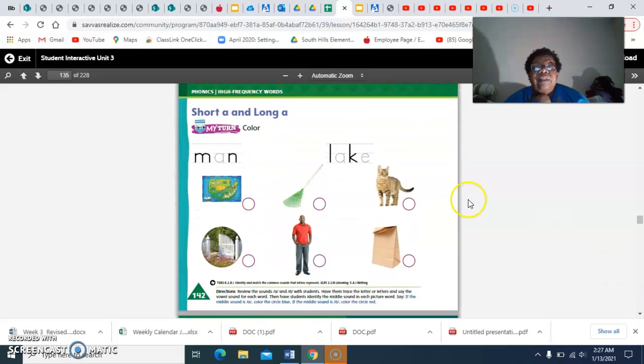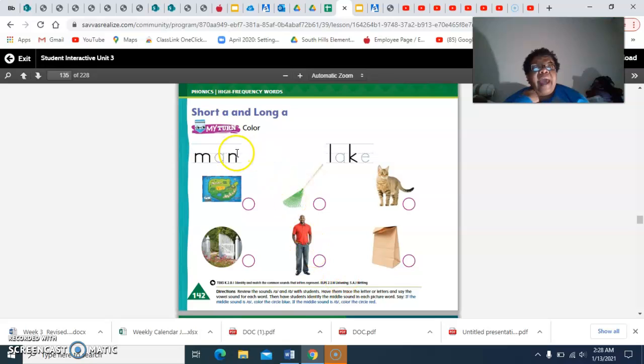Then you have short A and long A to practice. And so on this one, you're going to review the sounds, and then you're going to trace the letters. Then after that, you're going to identify the middle sound. And it says if the middle sound is short A, color it blue. If the middle sound is long A, you're going to color it red.